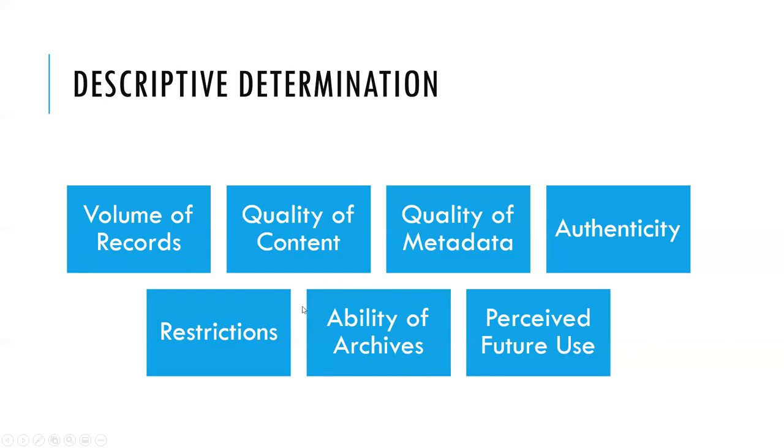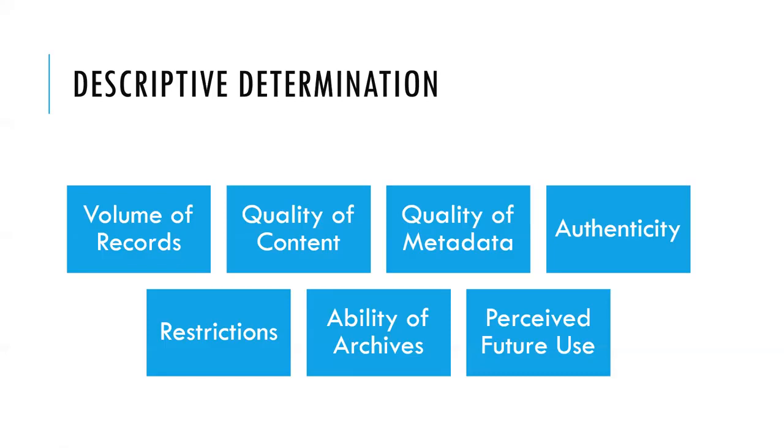You should know ahead of time if there are going to be a bunch of restrictions that are going to prevent or deter you from describing records thoroughly. So if you get to the point where you're having to provide, or choosing to provide, really basic description to records, then that really suggests that you're bringing into your archive a lot of collections that don't have a lot of value and don't really have a lot of utility for researchers, or you're simply bringing in collections that you don't really have the ability to take good care of.